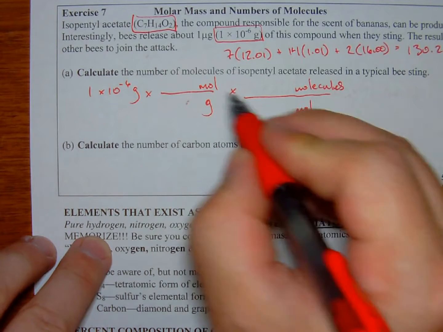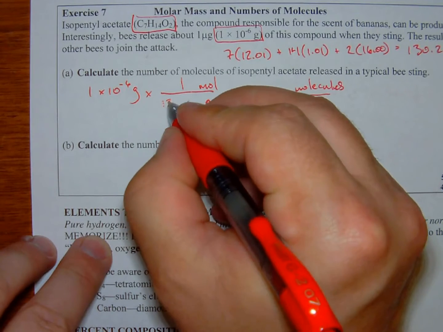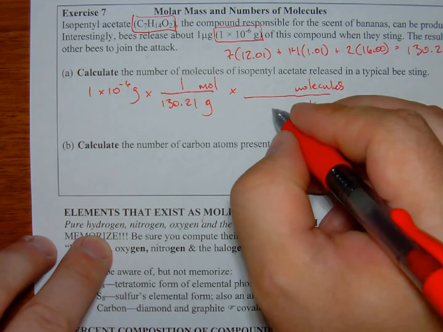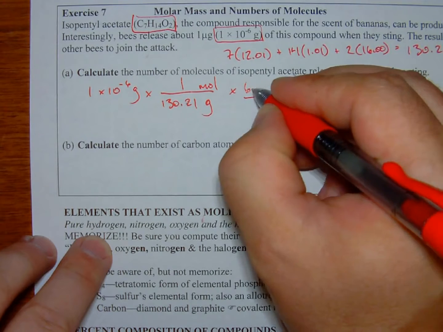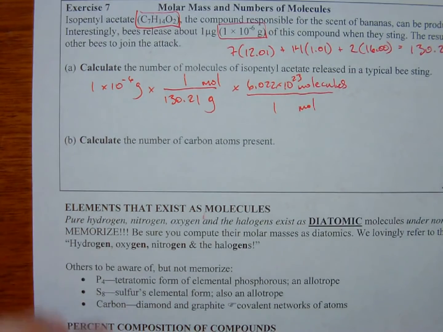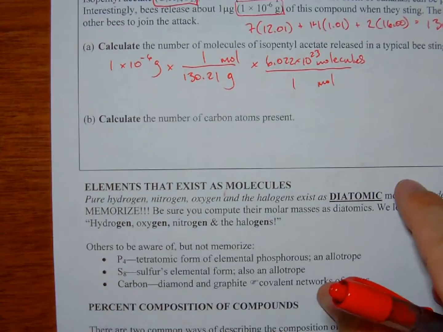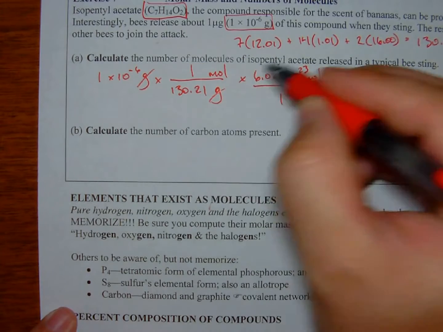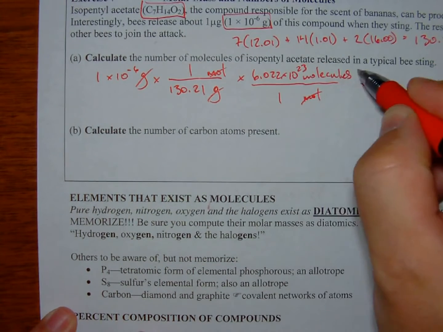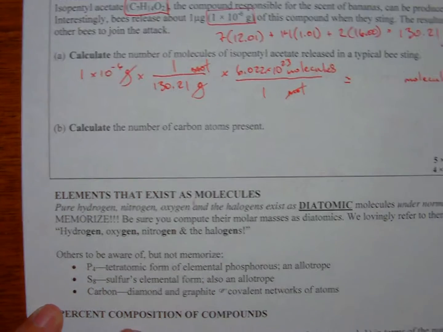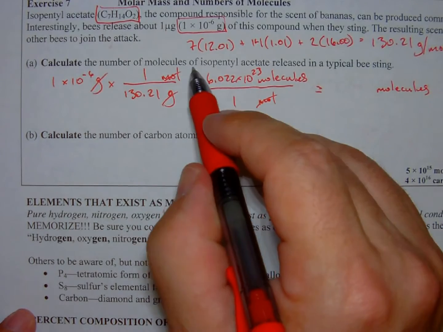All right, we just calculated that for every 1 mole, there's 130.21 grams. And from Avogadro's number, we know that for every 1 mole, there's 6.022 times 10 to the 23rd molecules. So let's double check our units. Grams will cancel, moles will cancel, and we'll be in molecules. Right? And isn't that what the question is asking for?